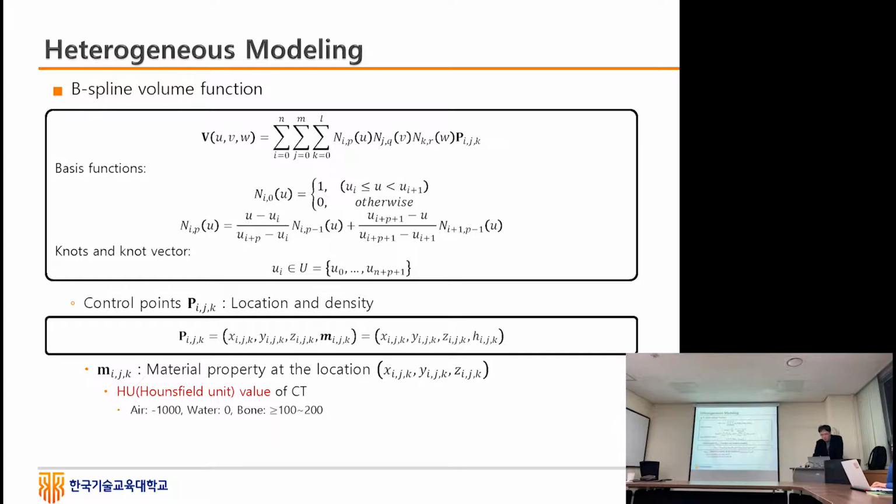The most important part is the P. It is the control point of the B-spline volume function. And in geometric modeling or CAD, the control points are usually used to represent the location of the geometry.